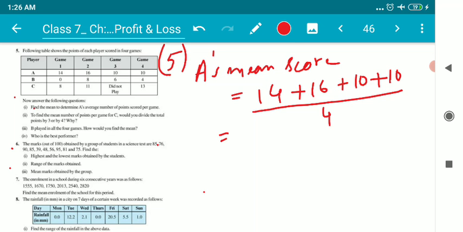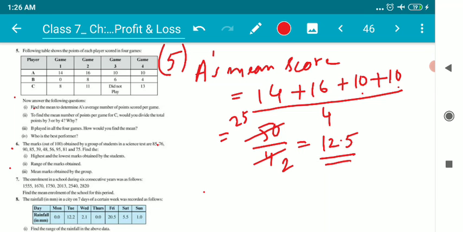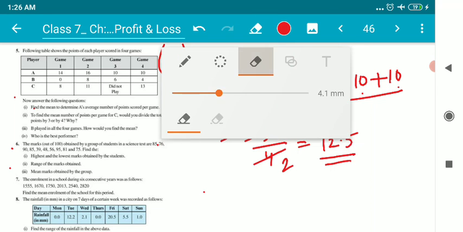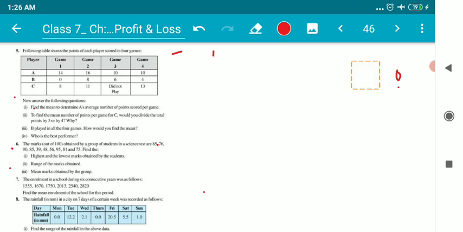So we will add these numbers: 14 plus 16 is 30, 30 plus 10 is 40, 40 plus 10 is 50. It's 50 by 4. So we are going to divide: 2 2s are 4, 25 2s are 50, 25 by 2 is 12.5. So this is the mean score of A. Very simple, children. Let us try number 2 now. A's score was 12.5.